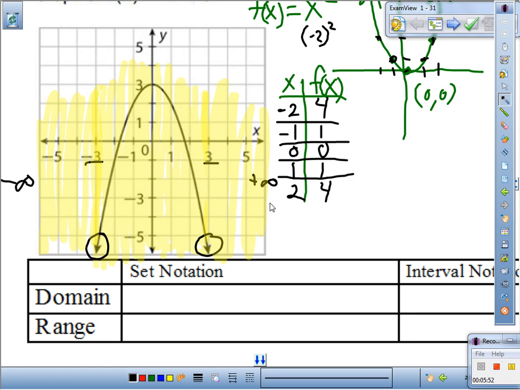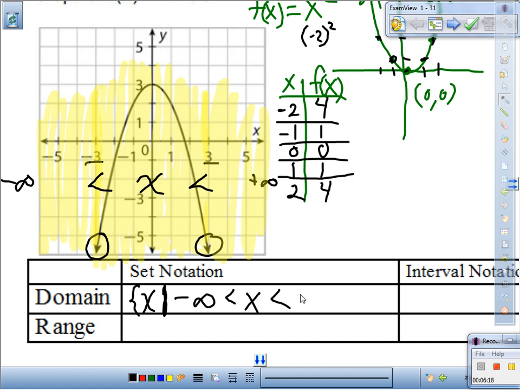So, -infinity to +infinity, and it's x, and it's what? Less than and less than. Why don't we put the equal sign? Because we never reach infinity. So, if this is my inequality, set notation is what? Solution set of x, such that -infinity less than x less than +infinity.